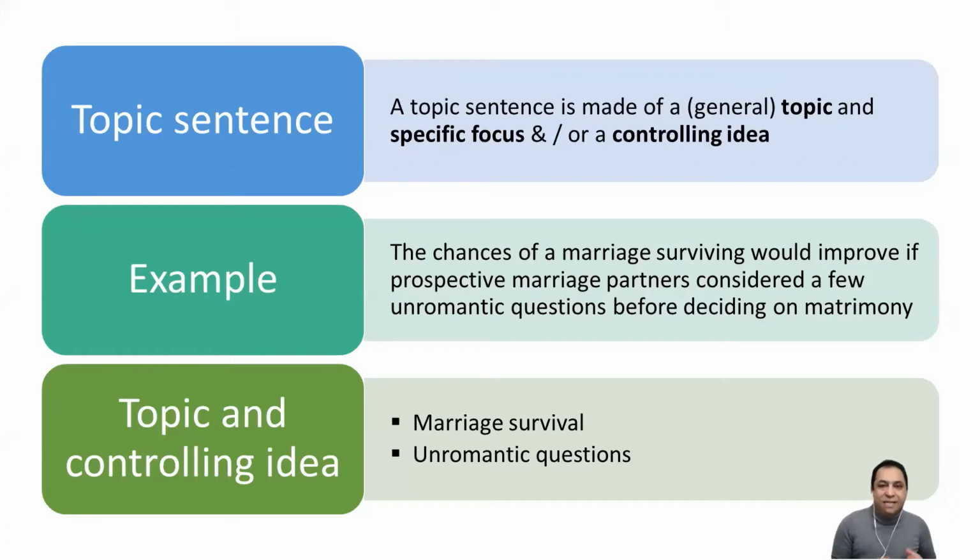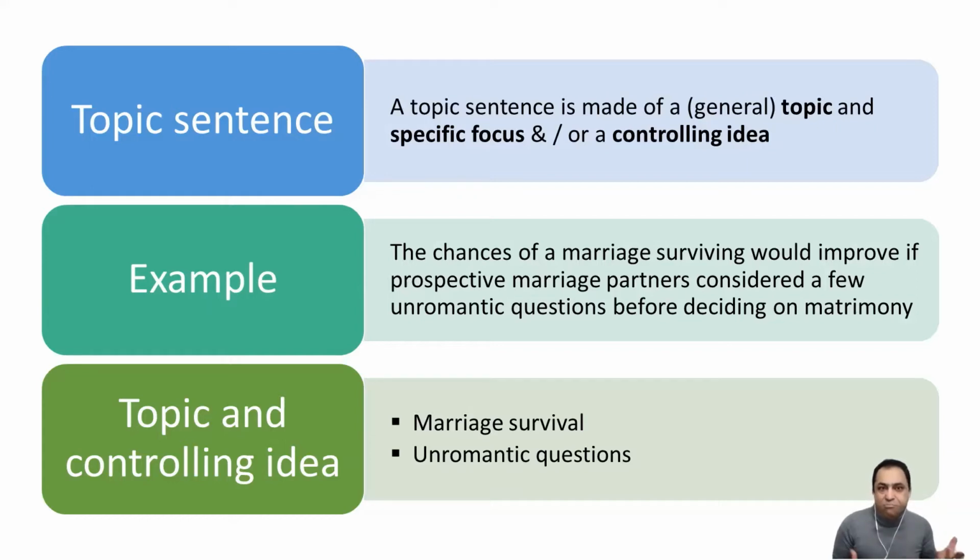So the topic sentence has a topic and a controlling idea. If somebody asks you, what's this paragraph about? You should be able to underline that word in this sentence, the topic. And then what does it say about this topic? That's the controlling idea. Let's have a look at an example. The chances of a marriage surviving would improve if prospective marriage partners considered a few unromantic questions before deciding on matrimony.